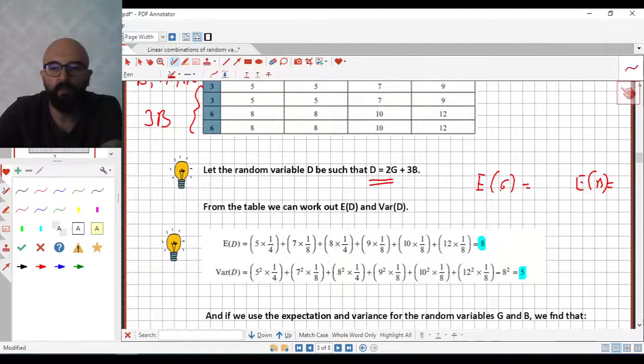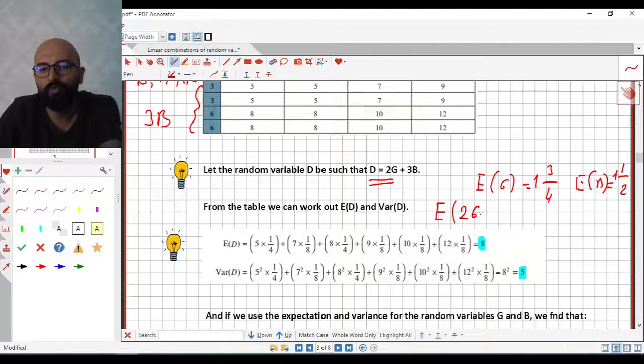Okay, 1 3/4, 1 1/2. Now we want to figure out the expected value of 2G plus 3B.